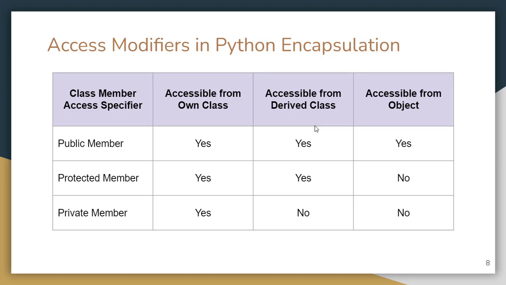That is, you can access a public member using an object. A protected member is accessible from its own class and from a derived class, but not accessible outside using an object. A private member is accessible inside its own class, but not accessible in a derived class or using an object.